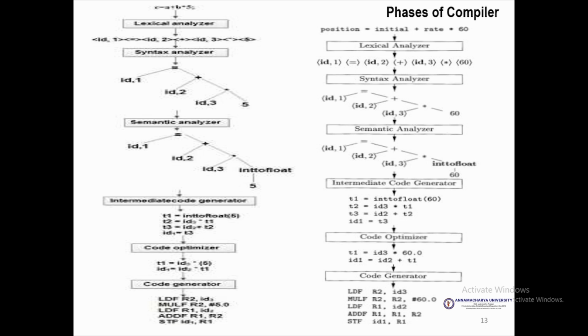So this is the example, and here is another example. Position equal to initial plus rate into 60 as an expression. How is this statement transformed through all these phases of the compiler? You have to understand this by seeing this example.